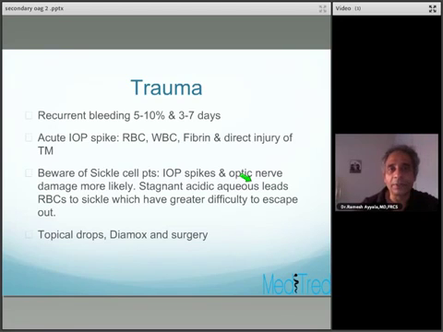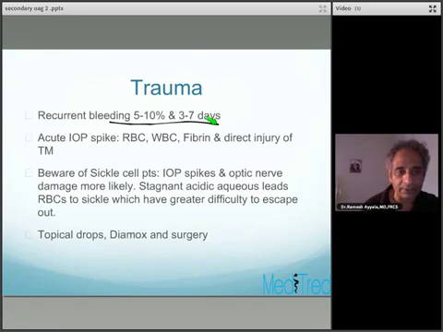If at the time of presentation the intraocular pressure is normal, you still will have to treat the inflammation that is associated with it and watch this patient and suggest bed rest to prevent recurrent bleeding, which is more likely to happen between 3 and 7 days, and it's seen in approximately 5 to 10% of patients. So the recurrent bleeding is more likely to cause acute pressure spikes than the actual initial presentation.